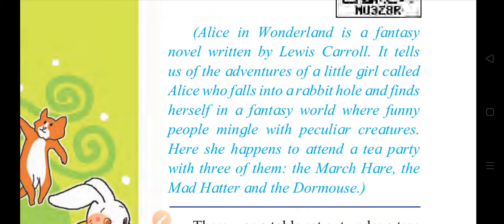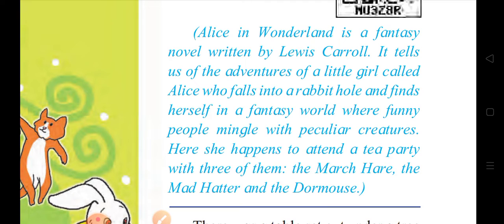Here, she happens to attend a tea party with three of them. In one episode, or one part of the story, she happens to attend a tea party with three of the creatures. The names of the three creatures were the March Hare, the Mad Hatter, and the Dormouse.